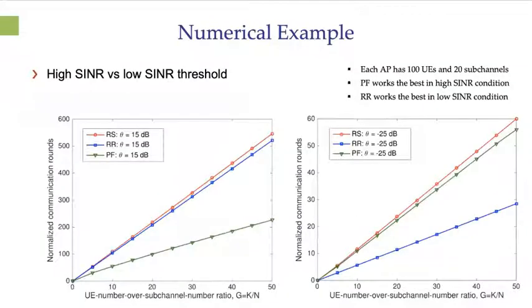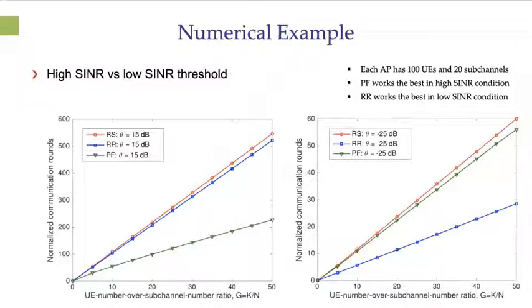And here's a chart just to show that for a particular set of parameters. The left-hand side is for a high decoding threshold, 15 dB. The right hand is for a low decoding threshold, minus 25 dB. And you can see that on the left-hand side, the lower bound for proportional fair is much lower than the lower bound for the other two scheduling protocols, and that's just consistent with intuition, because if you have a poor channel, you need to pay more attention to the signal to noise ratios.